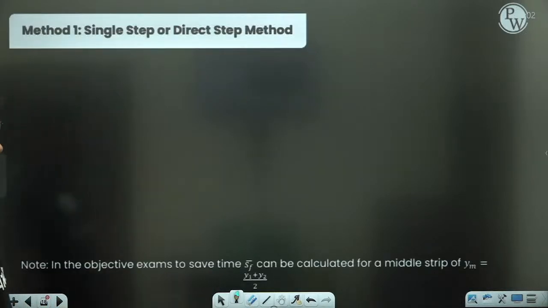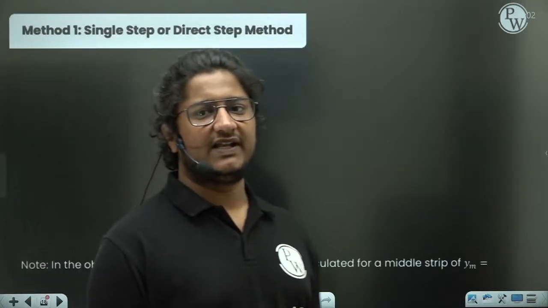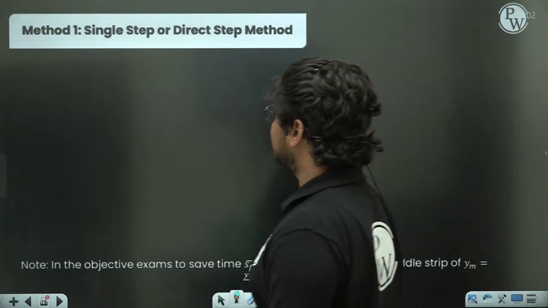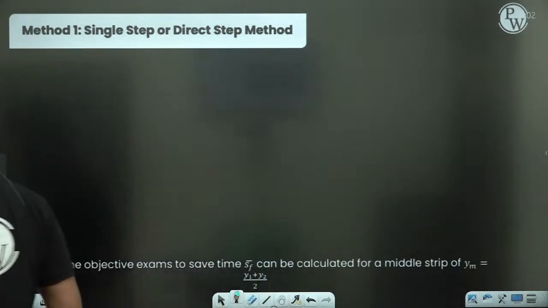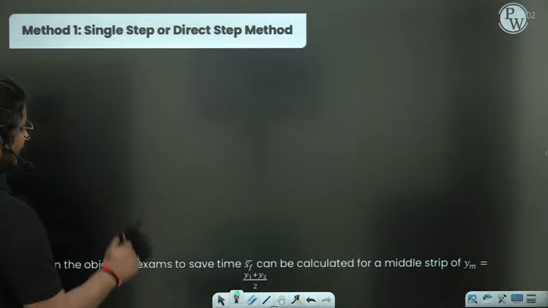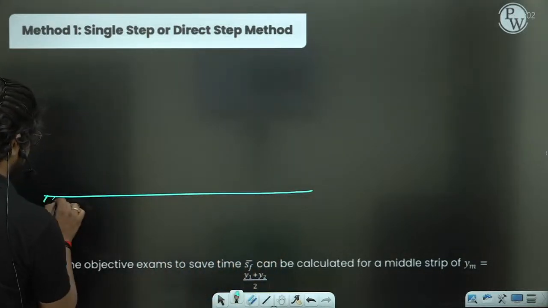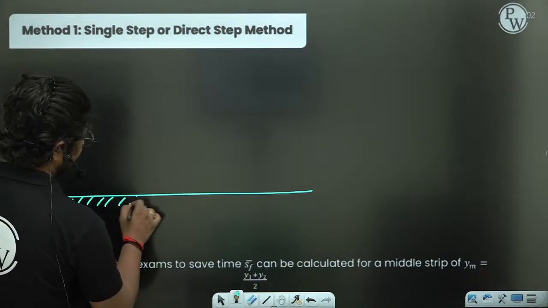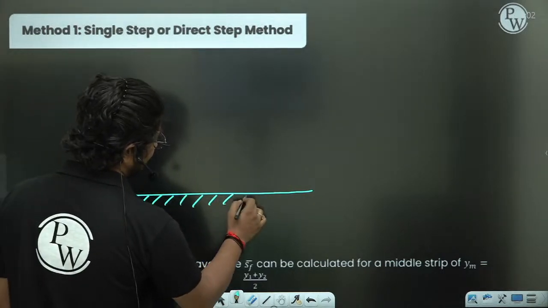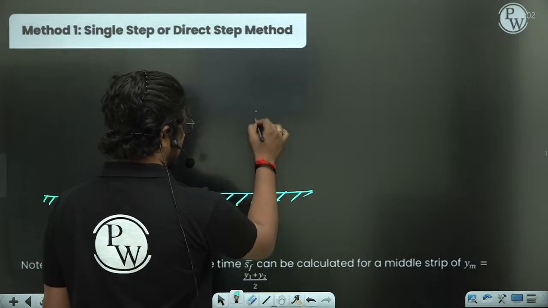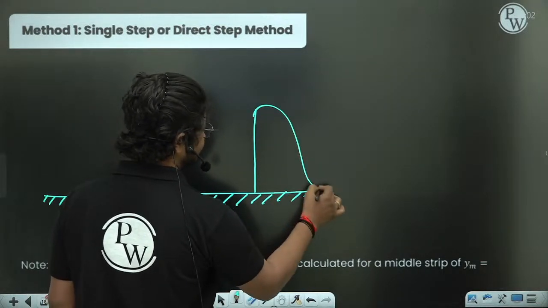Now to find out the exact value of delta X, we have two different methods. The first method we call the single step or direct step method. In that, for example, let us say this is the channel bottom. Understand it. This is the channel bottom. This is the dam.